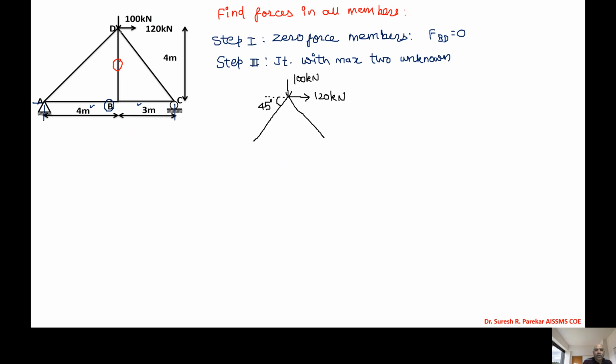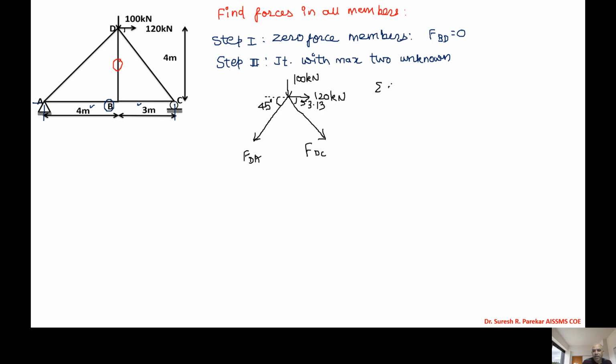Then we have this angle, 4 by 3, so we take shift tan inverse 4 by 3 and get 53.13. So this angle is 53.13. This will be FDA and this will be FDC.